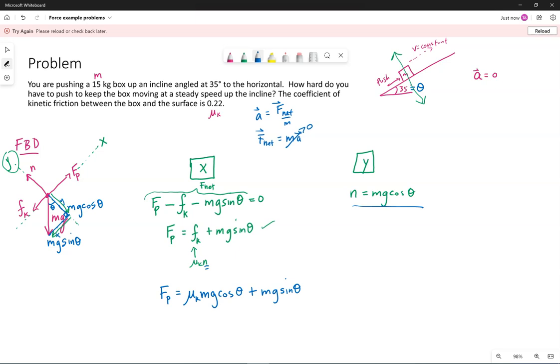Mass we need. So coming back to the problem, they have given us mass. That's good. We know the angle. We know mu. We know g. So now it's just a matter of plugging in. This force of push needs to equal mu mg cosine 35 plus mg sine 35.